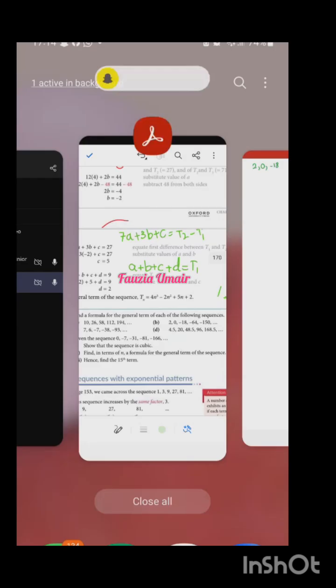Because it's a cubic sequence, can you see how quickly it is changing? 20 minus 18 and then it is minus 64 minus 150. ठीक है बेटे? So first of all, although it's not in the question, let's just verify whether it is really a cubic sequence.